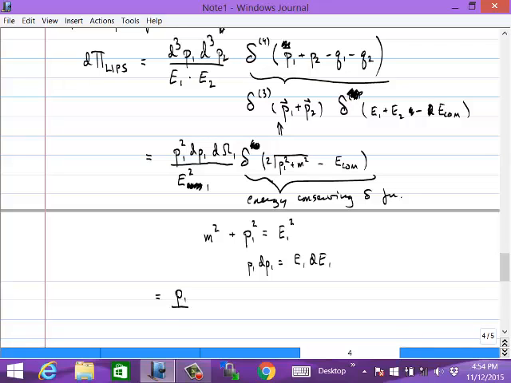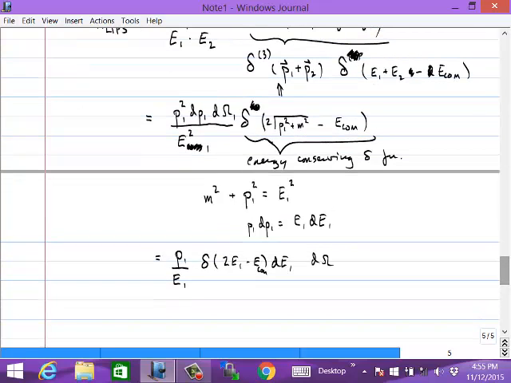So you get P1 over E1 times this delta function, 2E1 minus E, dE1, times this solid angle d omega.